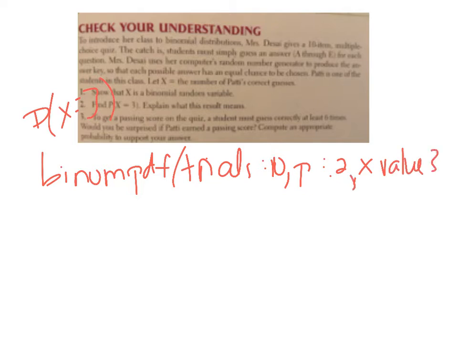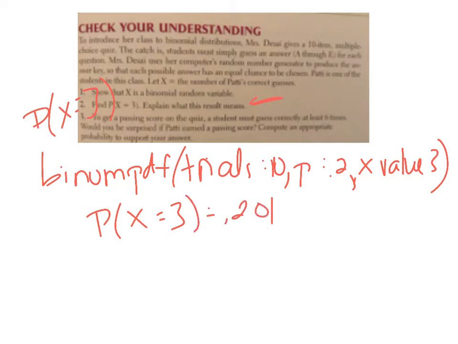Okay, and so when I write out my work here, my trials are 10. My probability is 0.2. And my x value, again I have to write x value, not just x, is 3. And then close my parentheses. And so what that will spit out is that the probability of x equals 3 is 0.201.